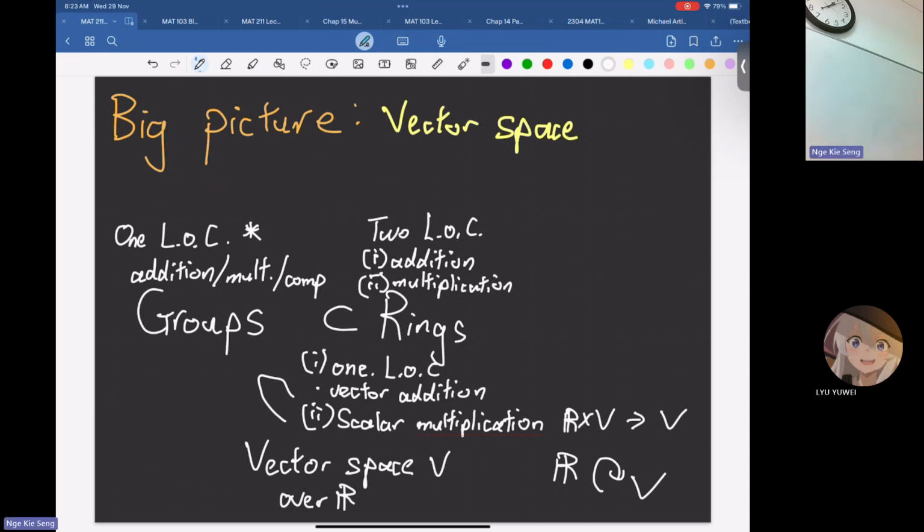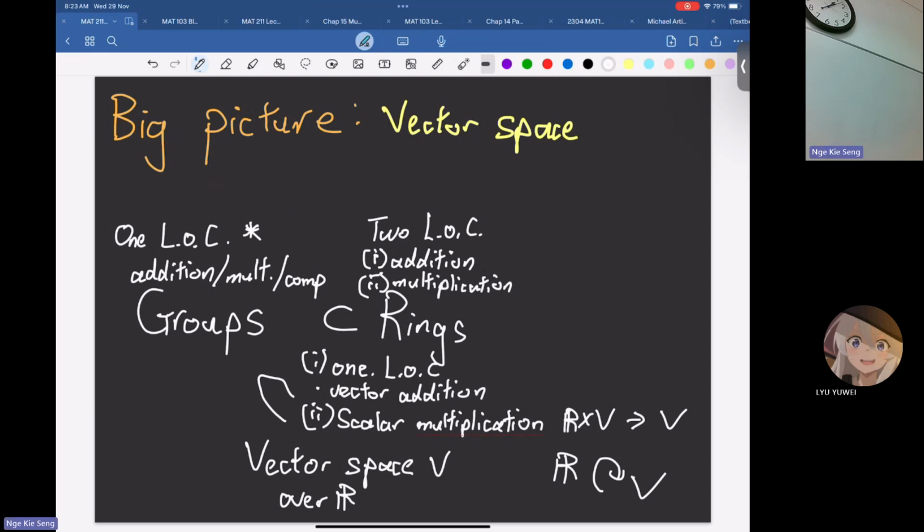So a vector space is like a group action plus a group. I can change this over-R part to other stuff. If I change R to Z, for example, then we call this thing a module. There's an action by a ring, and we call it a module.